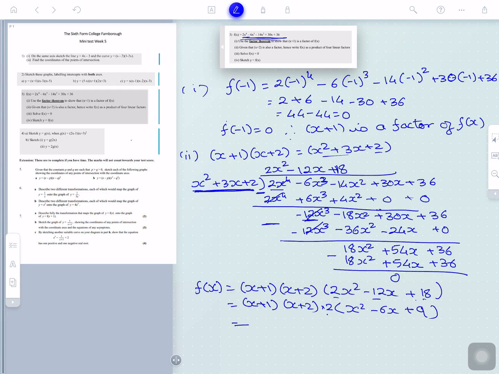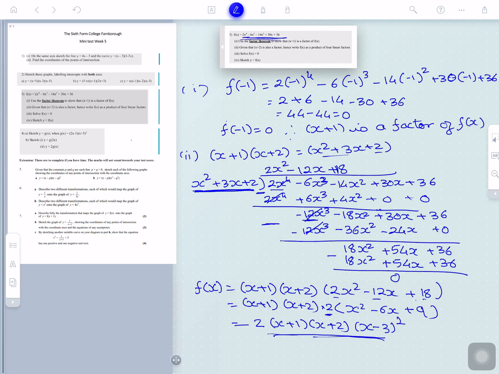So I can put that 2 in the front, 2, x plus 1, x plus 2, and if I factorize that, that is x minus 3 squared. So we've got a repeated root at x equals 3, because x minus 3 squared shows that.